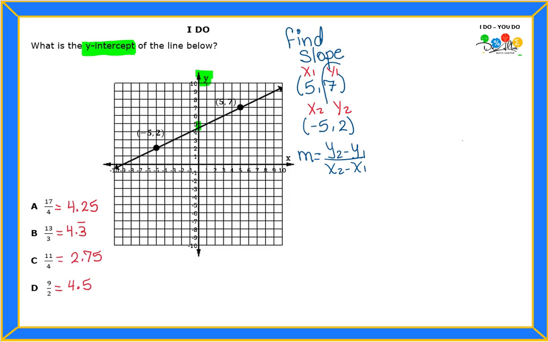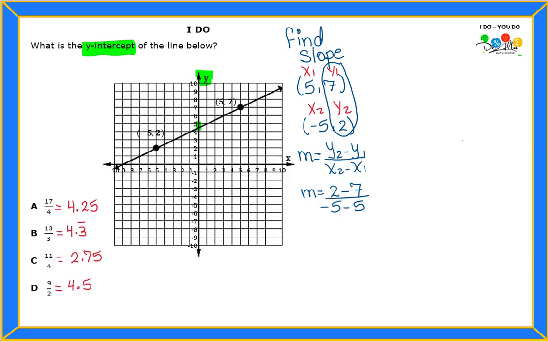Notice that since I need to find the numerator using the y values, I'm going to circle those. So I know that those numbers that are circled should be on my numerator. Okay, so y of 2, it's 2 minus 7 because it's y of 1, over -5 minus 5.